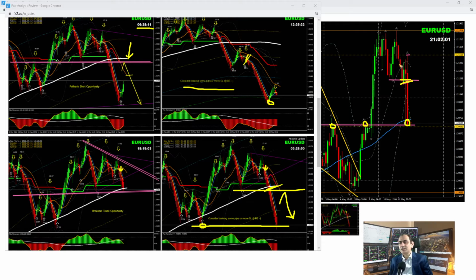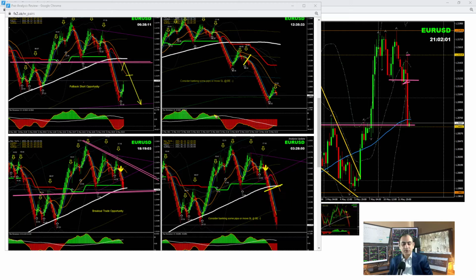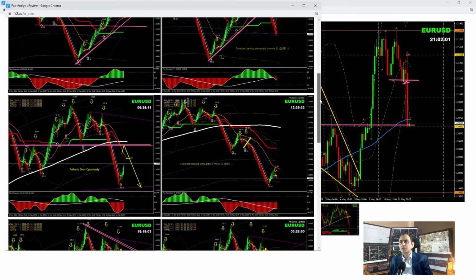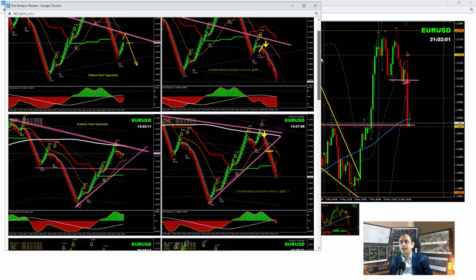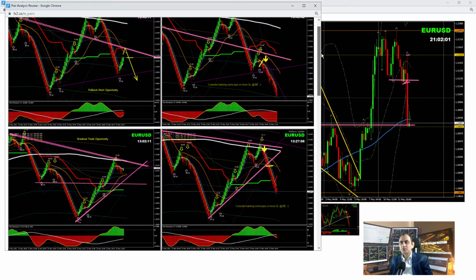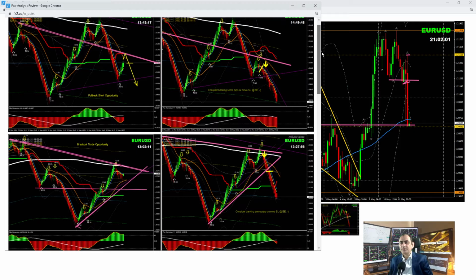So you can see we had such beautiful short trades in Euro USD, and after this news, because we were waiting for the dollar CPI news, as you can see here, the news was good for the dollar.